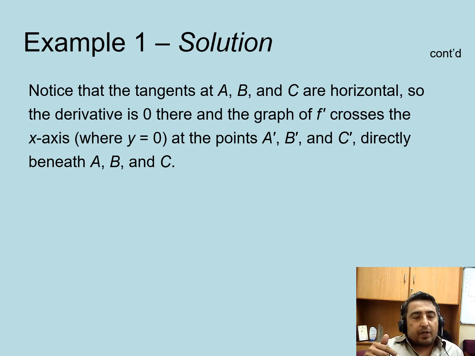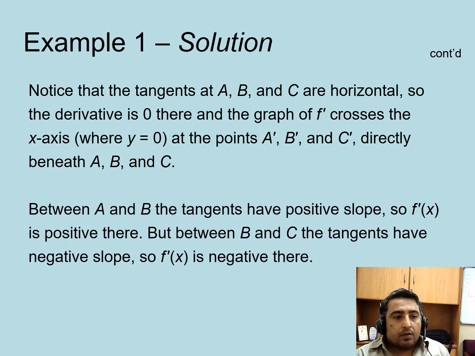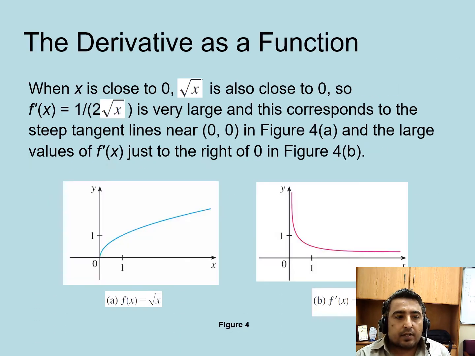The x-axis means y is equal to 0. So this is how it is written here, and similarly you can graph f prime. So this is a short example. A detailed example is given in the handout of the solved example, which is also uploaded on the LMS. Just follow that one.